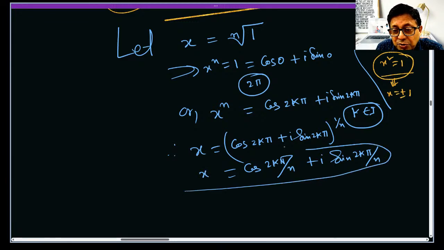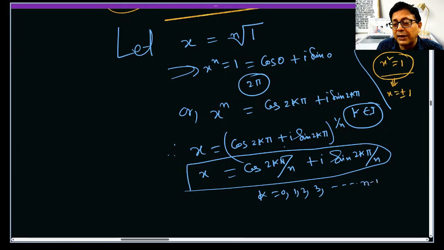And this k, it can take the values 0, 1, 2, 3 up to n minus 1. All n values it will take, and here we write x_k in place of x.